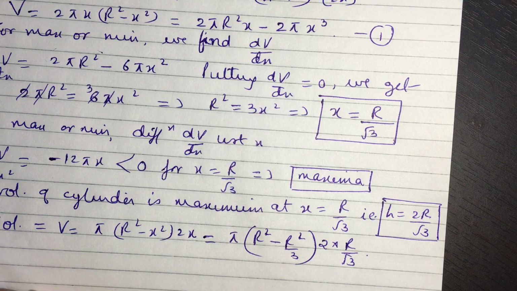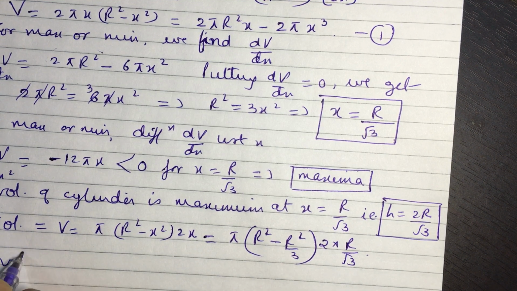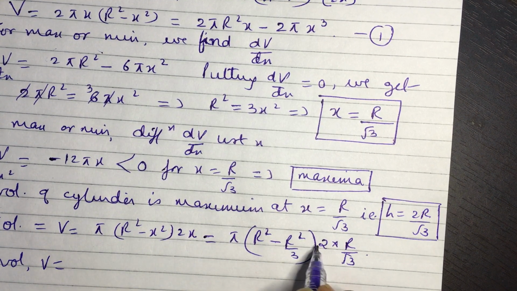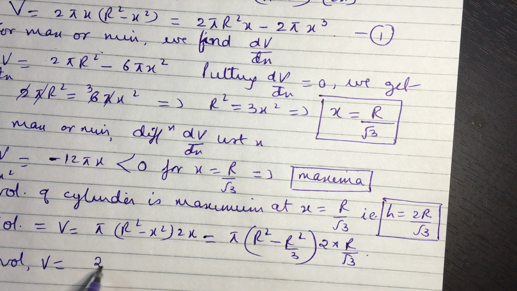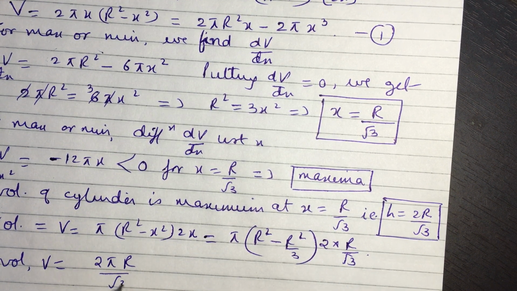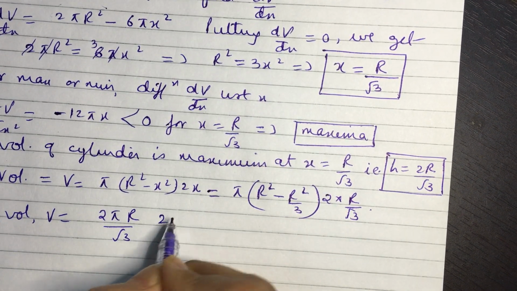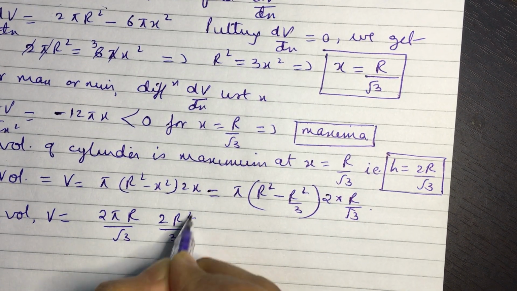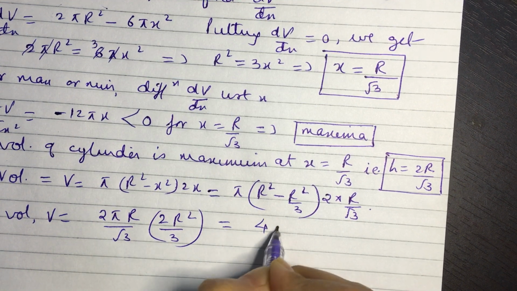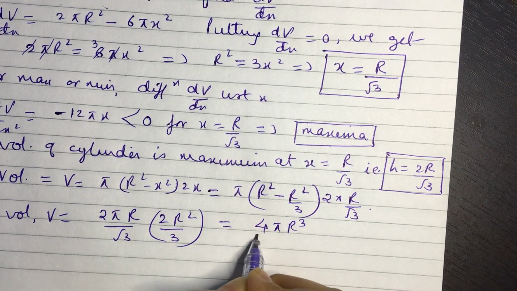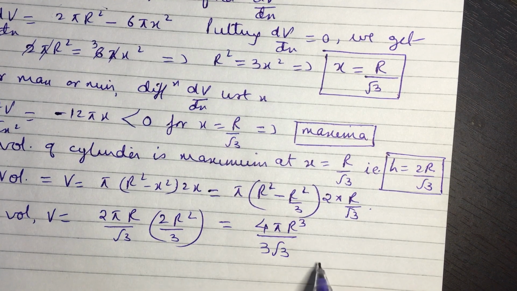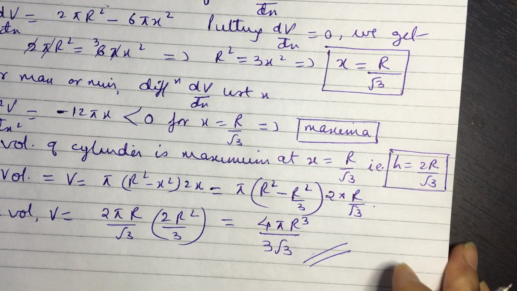So simplifying, maximum volume V becomes 2 pi r over root 3 into 2 r squared upon 3, which is equal to 4 pi r cube over 3 root 3, and that is what is required.